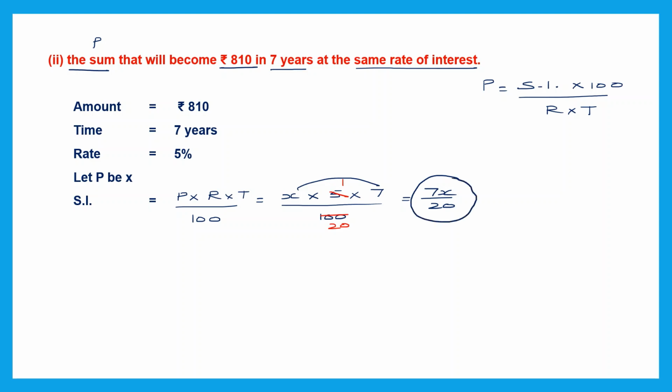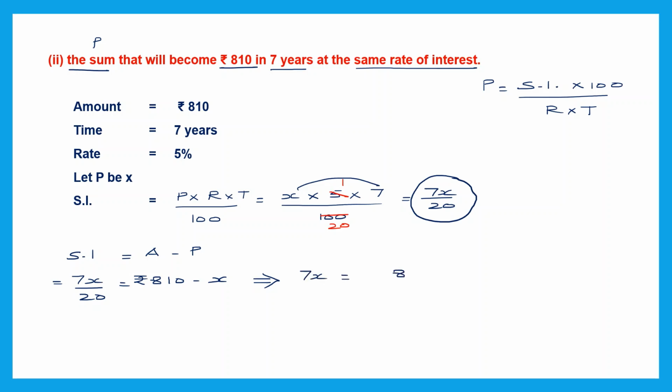Now I'm going to find the principal by using this formula. Simple interest is equal to amount minus principal. And simple interest we said is 7x by 20. And this is equal to amount is 810 rupees minus principal, which is x. Now I'm going to continue this as a linear equation to solve for x. So I'm going to leave 7x as it is on the left hand side.